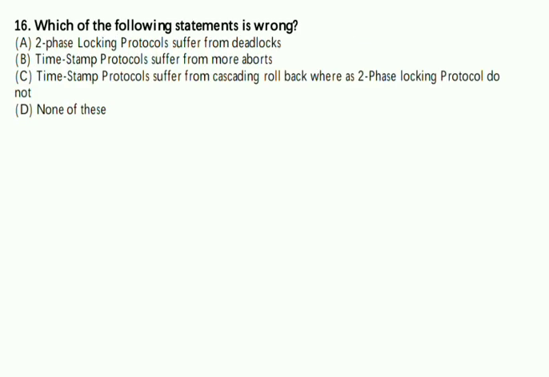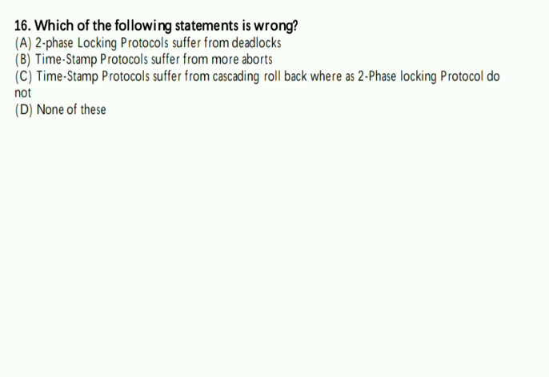Which of the following statements is wrong? So here the wrong option is option C. Timestamp protocols suffer from cascading rollback, whereas the two-phase locking protocol does not. But cascading rollback is possible under the two-phase locking protocol. To avoid this, follow a modified protocol called strict two-phase locking protocol.